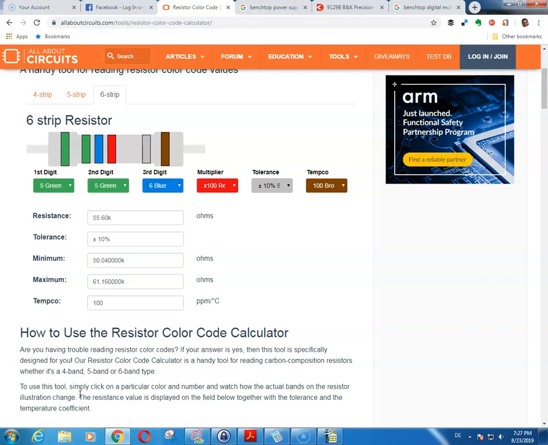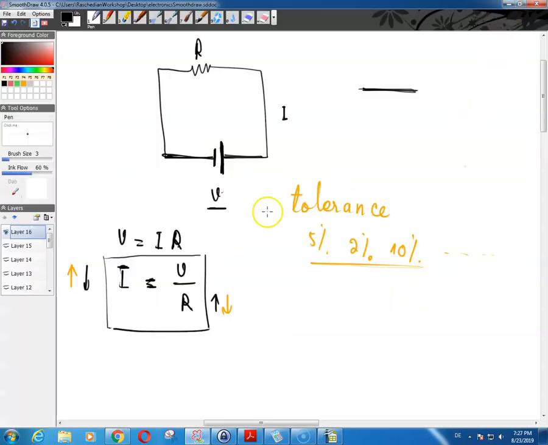Okay, so what happens is that when you put the resistor in a circuit, suppose that you have this resistor over here in this circuit, and you have some voltage parallel to the resistor. You have connected your power supply to the 2 leads of the resistor.